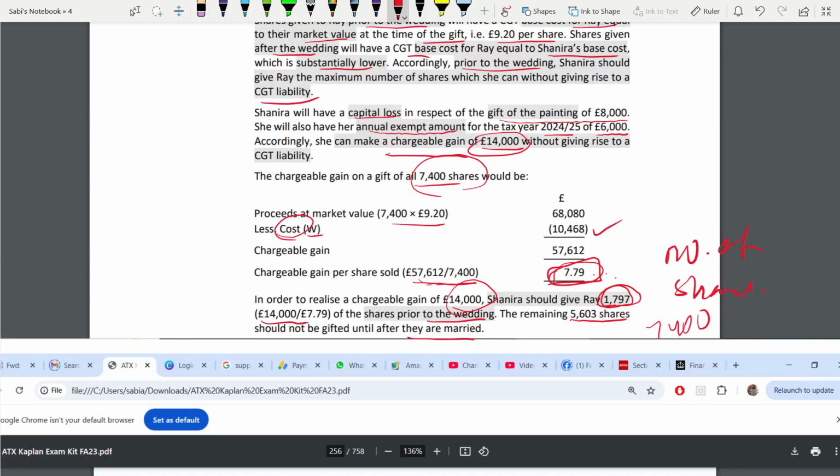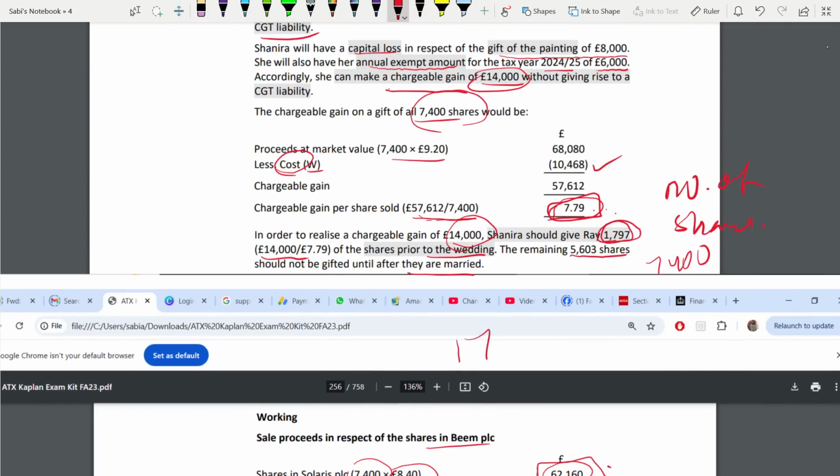You can work it like this and see 1797 into 7.79 and see that you are getting 14,000 gain or not. So this 14,000 gain will be deducted by 8,000 capital loss and 6,000 annual exemption amount, which is having 0. So that means you have to pay 0 CGT.